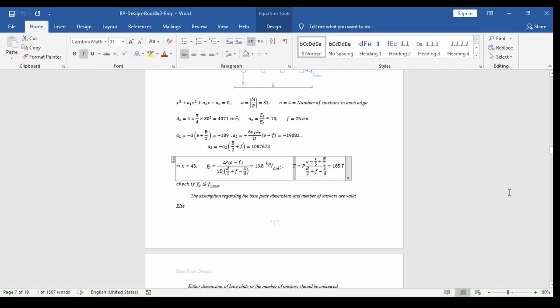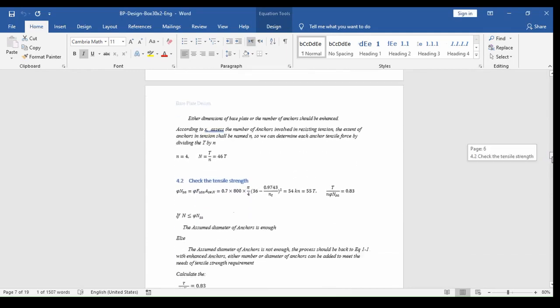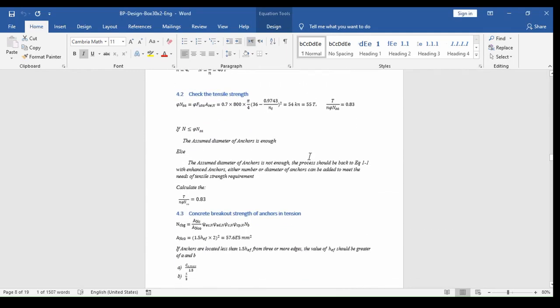Here in our file, I provided a procedure to check ACI requirements in order to withstand concrete breakout in tensile and shear force. Here is concrete breakout, strength of anchors in tension. In order to design reinforcement, we should acquire Ncbg. And if you want to check it for yourself, you have to go through this procedure here.